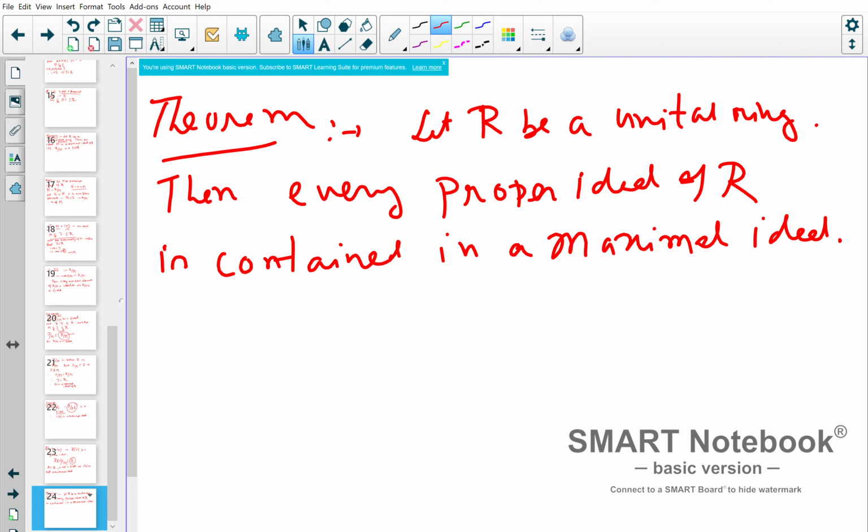Okay, and the proof is essentially Zorn's lemma. We will have to use Zorn's lemma. So I need to find a poset, a proper set, so that I can use Zorn's lemma.